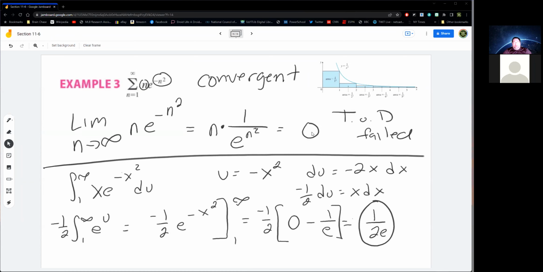I knew it was positive because e is never going to give me a negative number and the n is never going to be negative. And there's no value that would break continuity, so I knew it was continuous. I just didn't actually go through and show those out. If the problem is not easily identifiable as positive, decreasing, and continuous, you do have to show those things. This one was quite obvious.